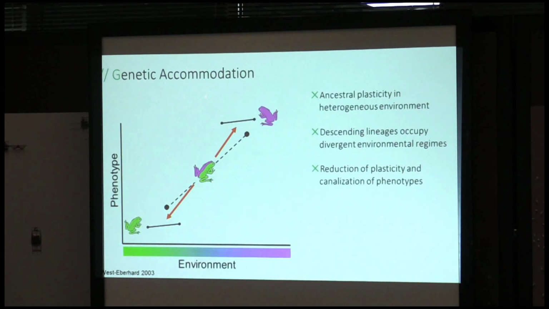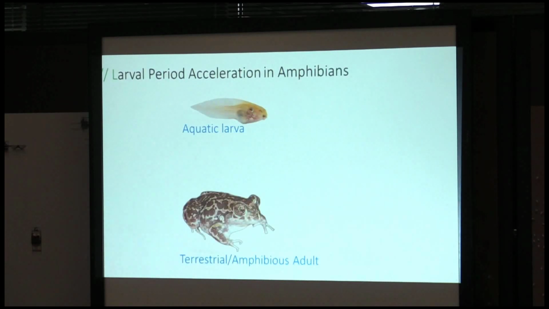So you see that the reaction norm becomes shallower. And this canalization of the phenotype can then result in divergence in the phenotypes. The reason this is deemed controversial is because you have phenotypic change occurring before you have genetic change, which is the classic view of the modern synthesis.